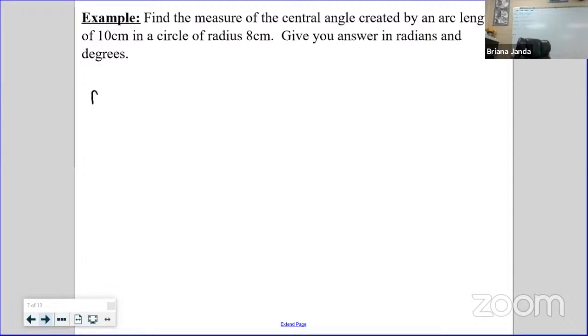So they tell me that the arc length, which in our formula is S, equals 10 centimeters, and the radius equals 8. And the question is, what is theta? So as we put those into the correct places in our formula, we would have 10 equals 8 times theta. Theta becomes our variable in this one. Solve for theta.